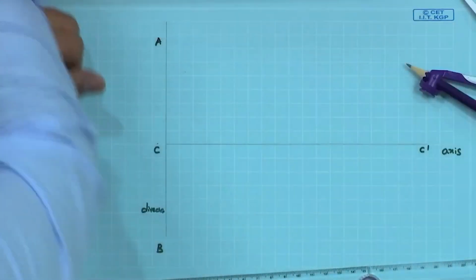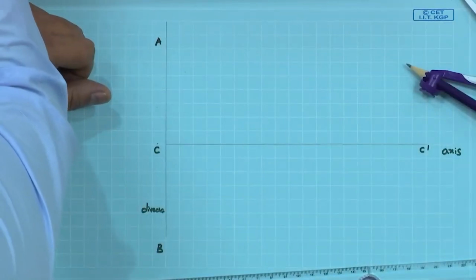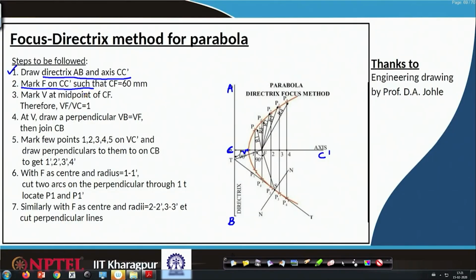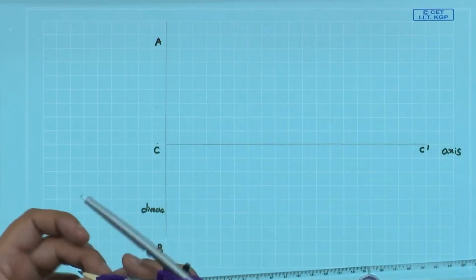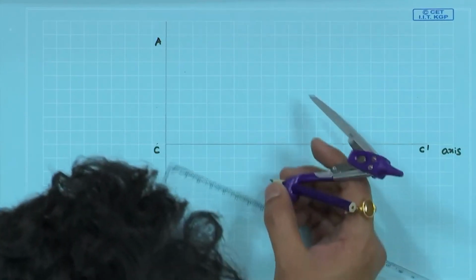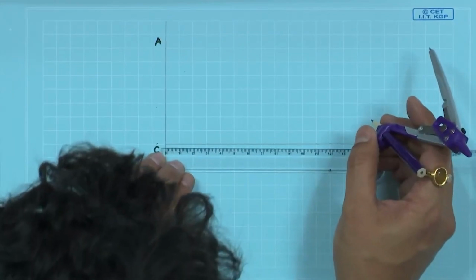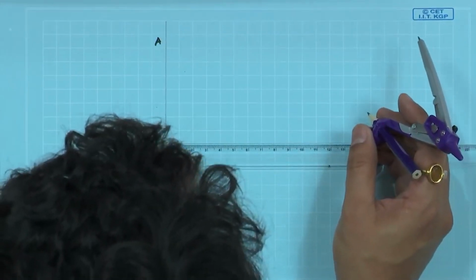Once it is done, mark F on CC prime such that CF is equal to 60 mm. Let us go on to our sheet. Mark F on CC prime such that CF is equal to 60 mm, means here let us go ahead and mark 60 mm.